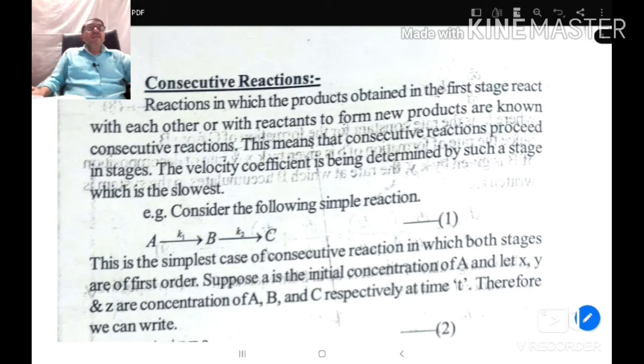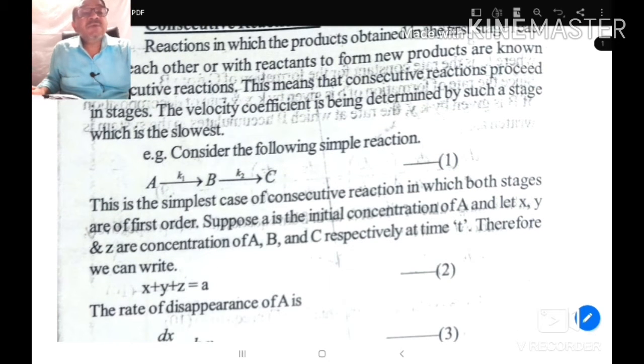Suppose a is the initial concentration of A, and let x, y and z be the concentrations of A, B and C respectively at time t. Therefore, we can write x plus y plus z is equal to a.